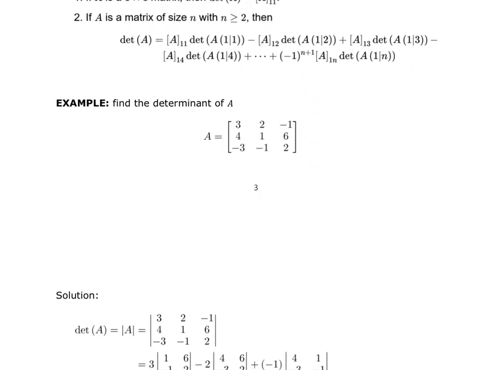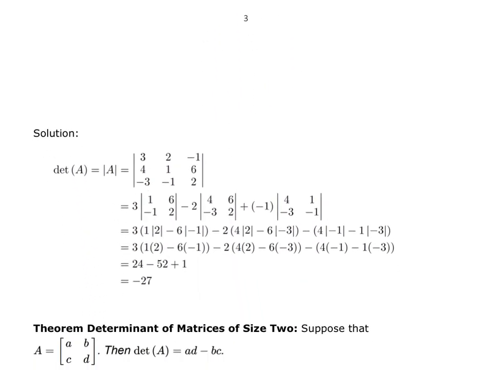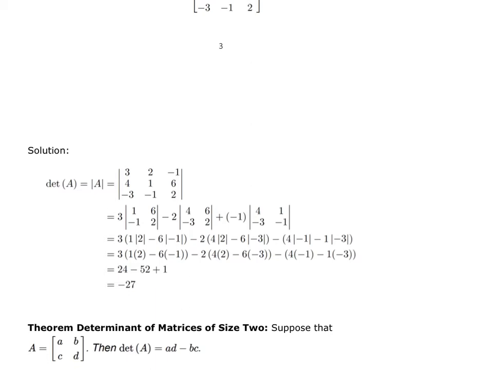So here's our example. Here is A, here's my matrix. The determinant of A is, well, I'm going to look at this number 3 using my definition above, and I'm going to multiply it by the determinant of the smaller matrix.